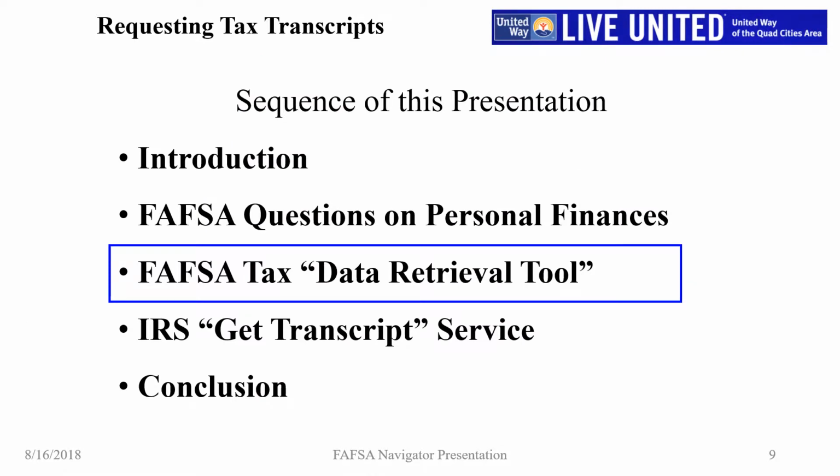Speaking of tax-related, a service to discuss is the FAFSA Tax Data Retrieval tool. Question: wouldn't it be great to have a tool that would just automatically transfer the tax data from the previous year's tax forms directly into the online FAFSA form? I'm glad you asked.